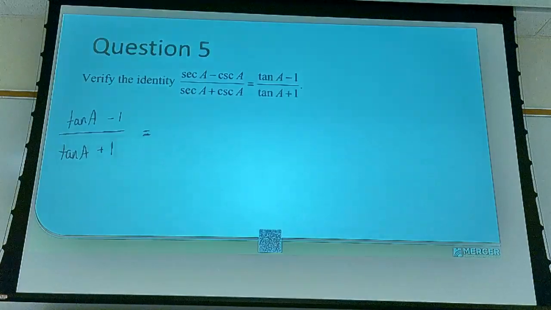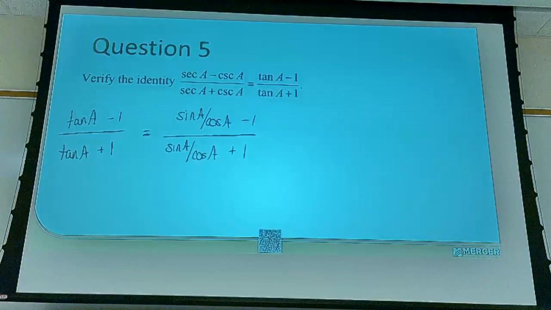And when in doubt, write everything in terms of sines and cosines. But now what?